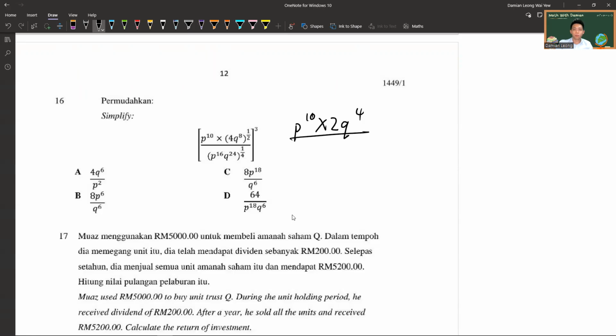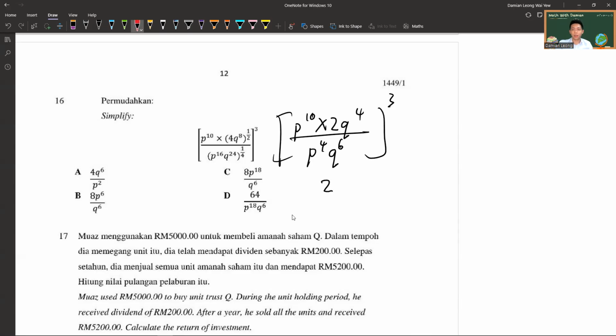Over p to the power 16 power 1/4 is p to the power 4. Q to the power of, again, power on top of power multiply, 24 times 1/4 is 6. Then the whole thing power 3. So actually this one I can just put together, and then I power 3, 2 to the power 3. Or I can simplify inside first actually. So number, I have 2 on top.